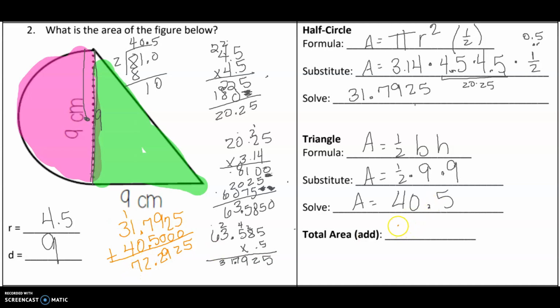So we should have a total of 72.2925, and our unit is centimeters, and area is always units squared.